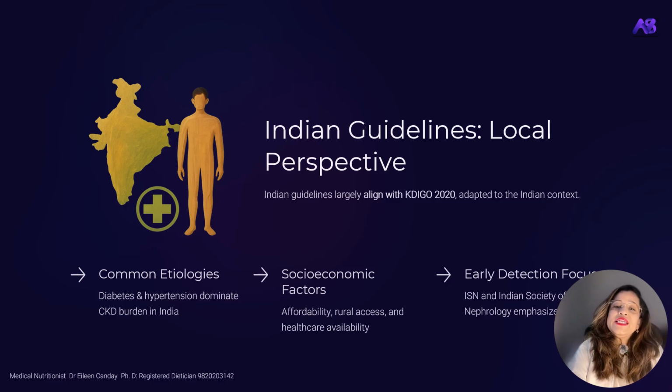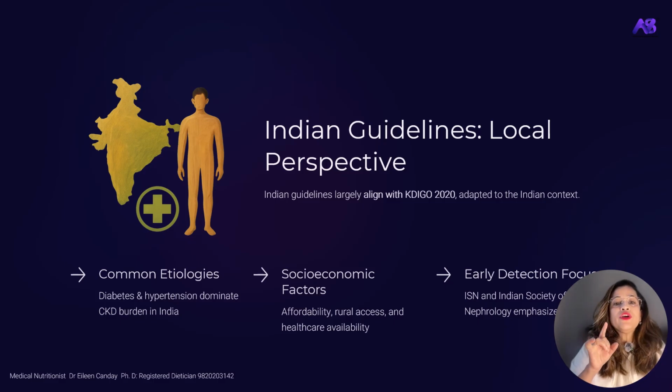So the Indian kidney disease guidelines follow the KDIGO 2020 standards, okay, but they are specified and tailored to our specific conditions and challenges. So we know India is like a hub of diabetes and hypertension, and these are the primary drivers of CKD in India. And these are the conditions we need to focus on for prevention and early intervention.